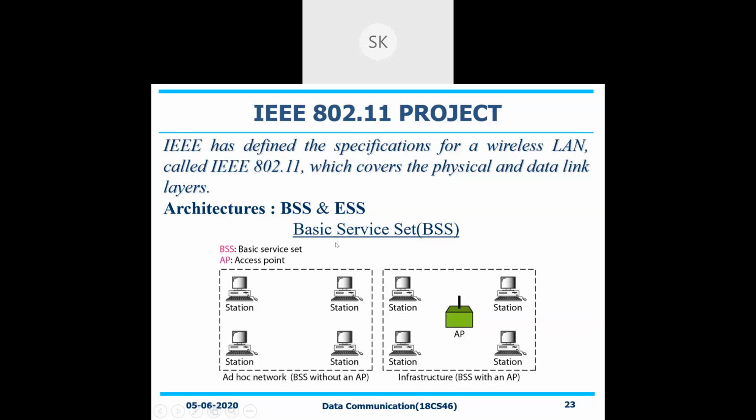We'll go one by one, starting with the basic service set. What is the basic service set all about? In a basic service set, you have different stations. If they can communicate with each other without any common point, then we call it an ad hoc network.